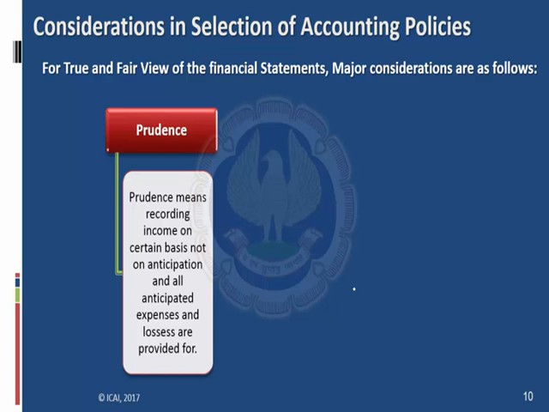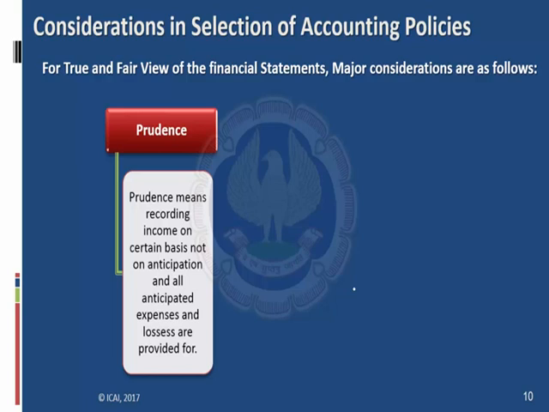Why has the anticipated income not been accounted for? If the entity accounts for the anticipated income, it will result in overstatement of profits, and it might be that those overstated profits get distributed as a dividend or as a return of capital.